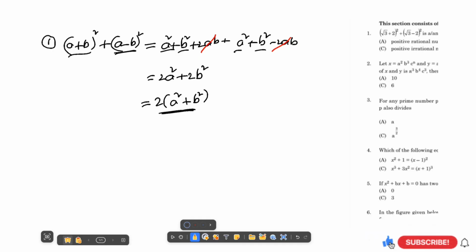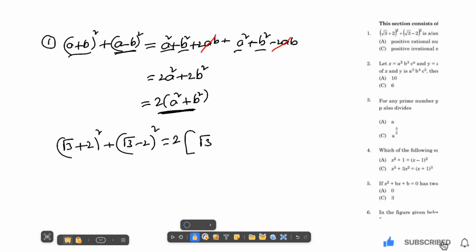Now let's write what is given. (Root 3 plus 2) whole square plus (root 3 minus 2) whole square. So what do we have to write? 2 times (a square plus b square). Here a is root 3, so root 3 whole square, plus b square, here b is 2, so 2 square.